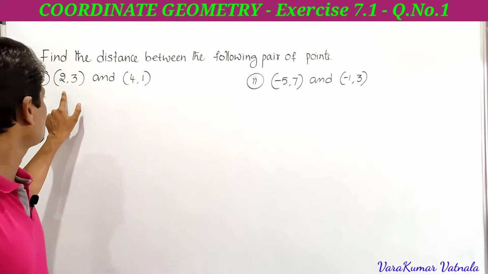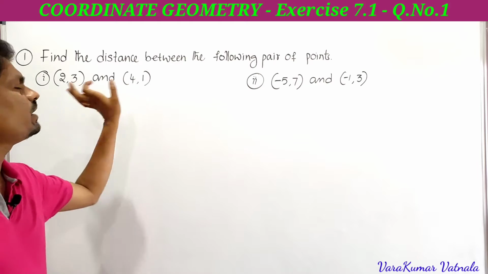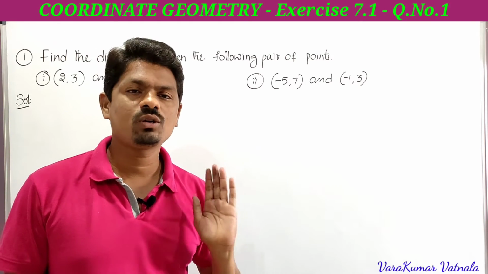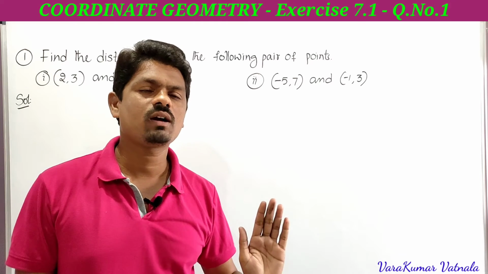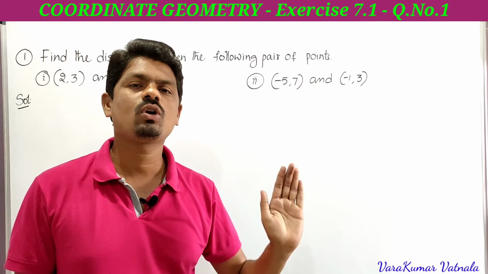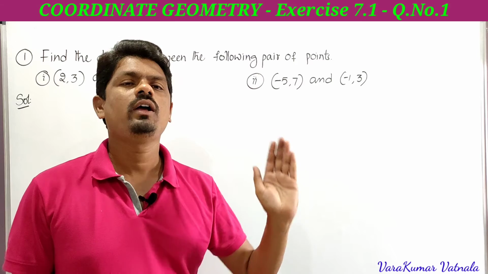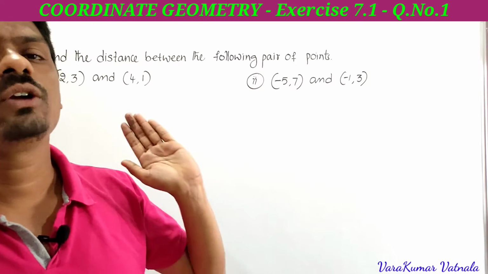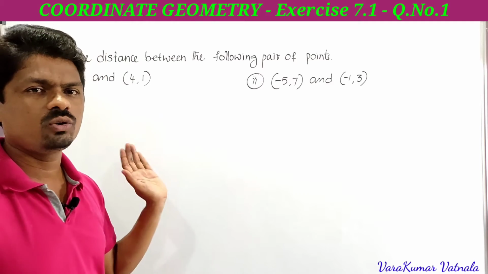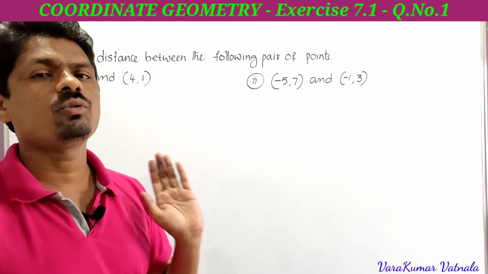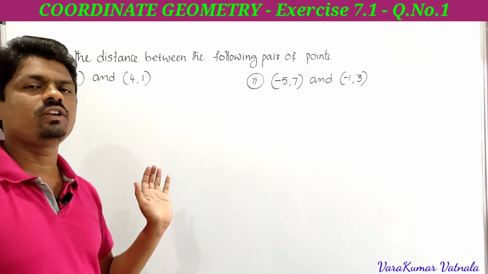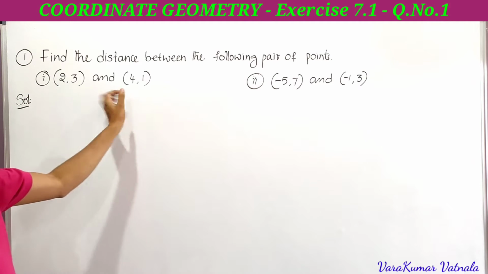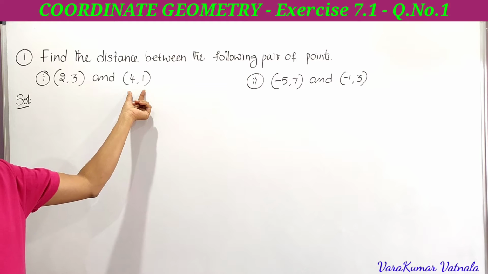So here the first one is (2, 3) and (4, 1). We know the distance between the 2 points A (x1, y1) and B (x2, y2) is equal to square root of (x2 minus x1) whole square plus (y2 minus y1) whole square units. That is the formula we have to use to find the distance between 2 points. Here, let this be x1, y1 and this be x2, y2.